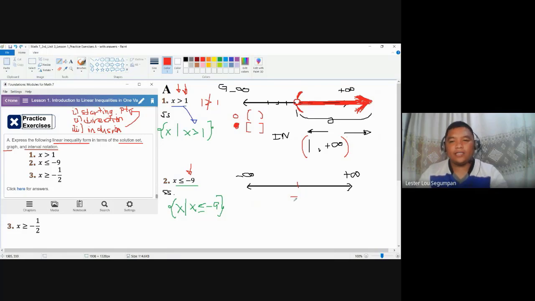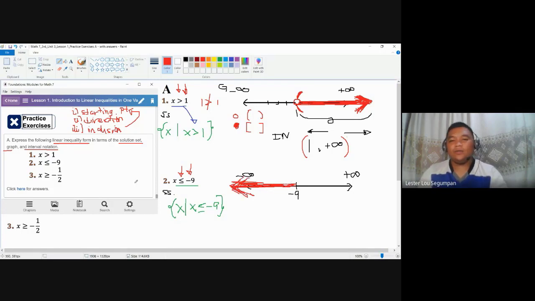The direction is indicated by this symbol. It points towards the left, so the graph should go towards the left. Do not forget to add the arrowhead, which means it goes to infinity.